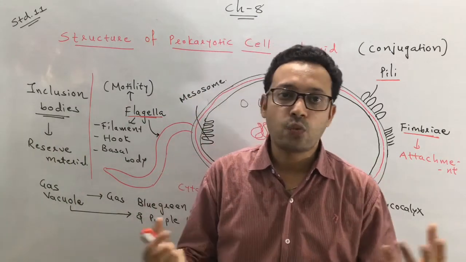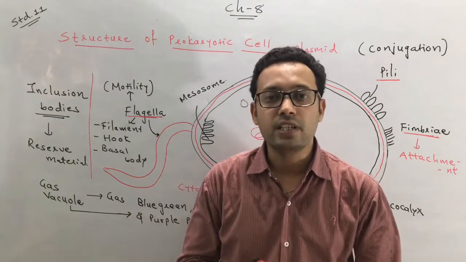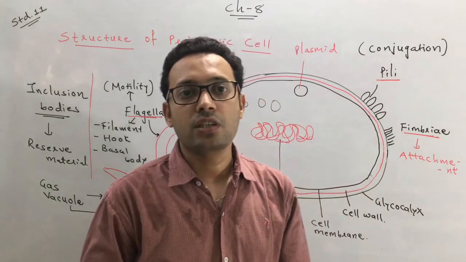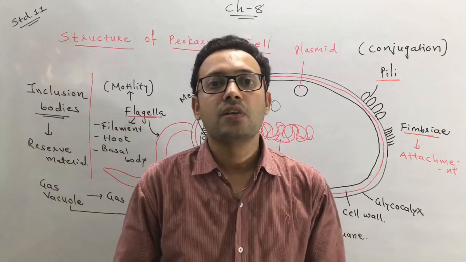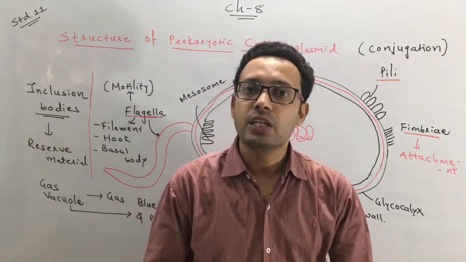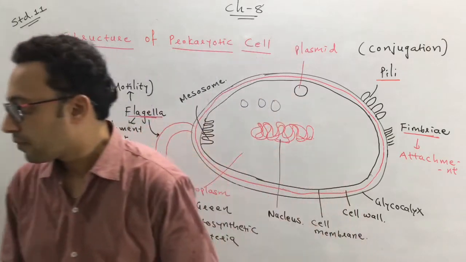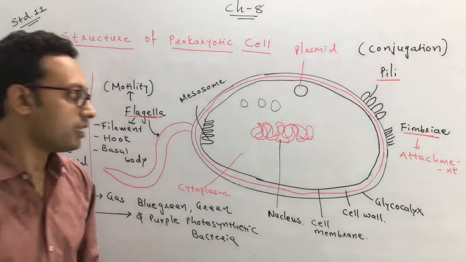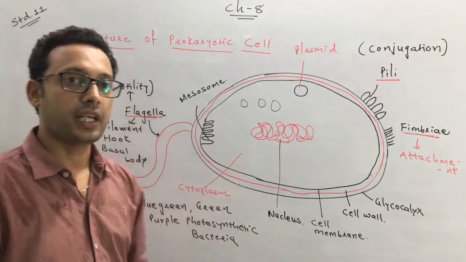We have discussed the examples and also seen the components. But now we have to see some introduction of the eukaryotic cell, and then in the next session we will learn the components you can find in a eukaryotic cell. Let's start the eukaryotic cell. Here we finish with the prokaryotic cell and start with the eukaryotic cell.